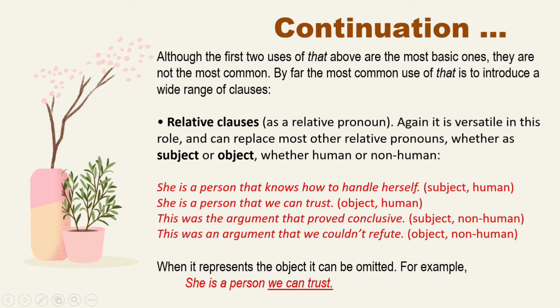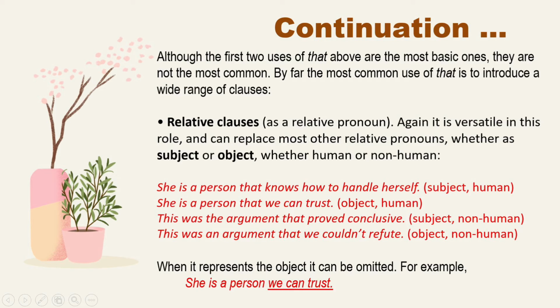She is a person that knows how to handle herself. It is kind of subject human. She is a person that we can trust. This one is object human. This was the argument that proved conclusive. This one is subject non-human.